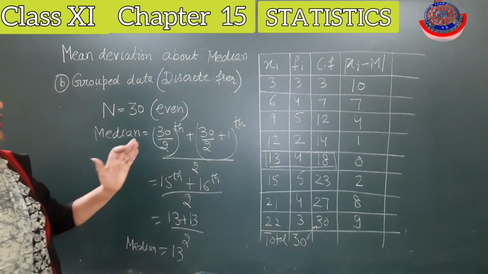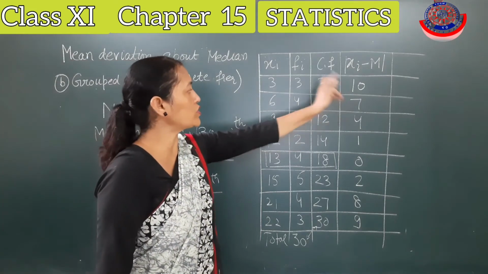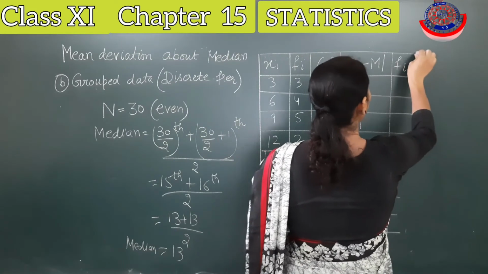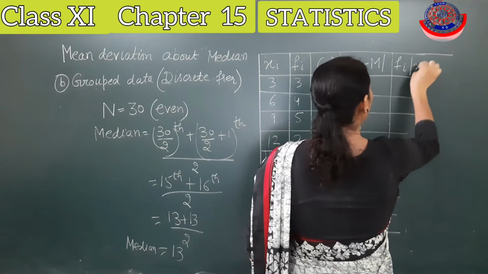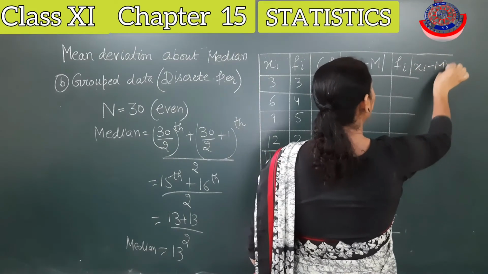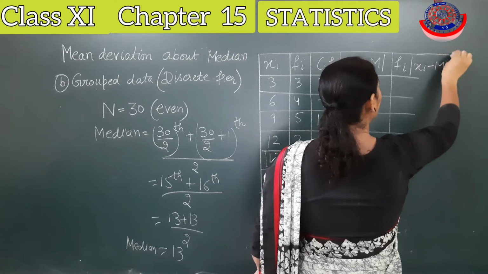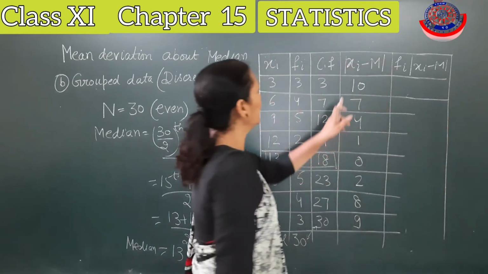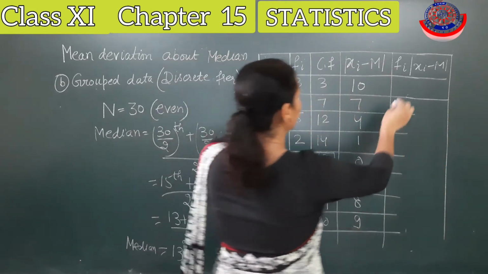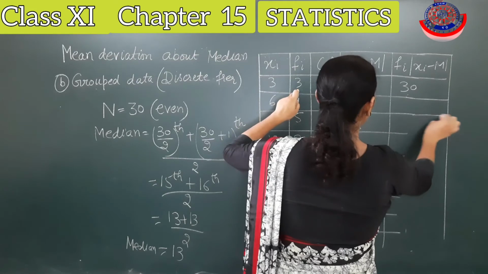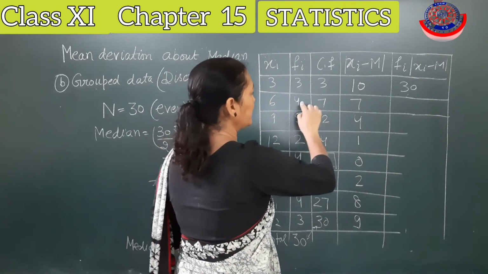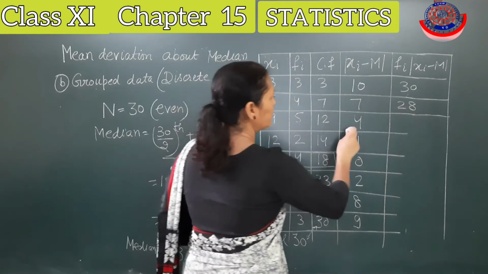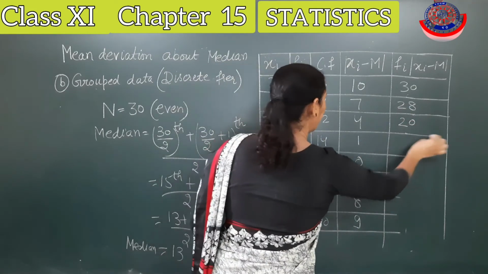Now we will be multiplying all these values with their corresponding frequency. fi multiplied with xi minus m. Ten into 3, 30. Then 7 into 4, 28. 5 4s are 20.